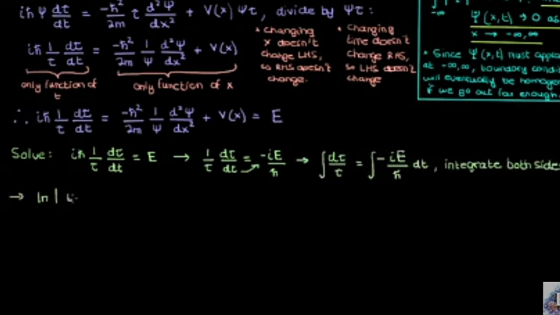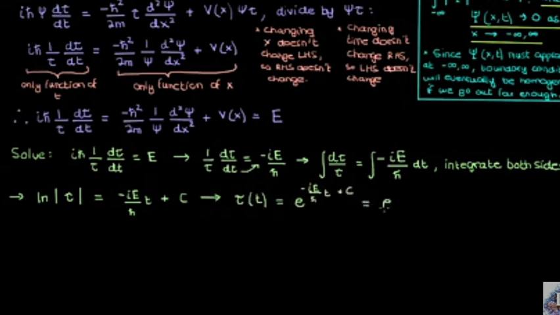On the left we end up with the natural log of the absolute value of tau, and on the right we will end up with negative i E over h bar times t plus an integration constant c. If we take the exponential of both sides, we will find tau equals the exponential of the entire right hand side. Using the sum rule of exponents, we can split the exponential of a sum into the product of two exponentials. Now the exponential of constant c is just another constant. So eventually we will find tau of t is a constant times the exponential of negative i E over h bar times t.